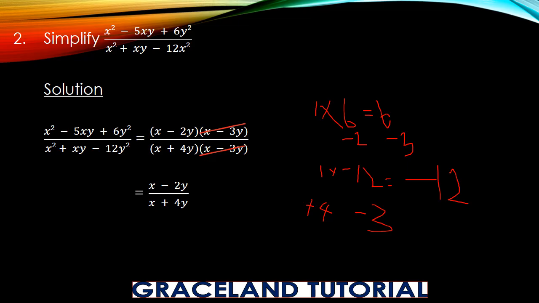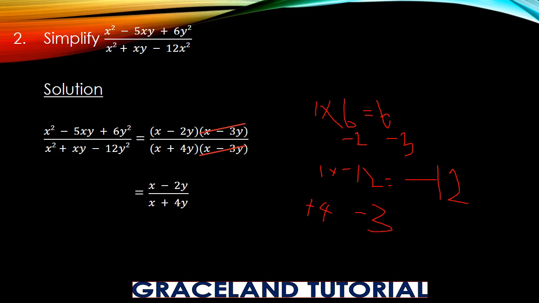All you need to do is pick x plus 4y in brackets, then x minus 3y in brackets. As you can see, look at the numerator and the denominator. You discover that x minus 3y in the numerator is the same as x minus 3y in the denominator.